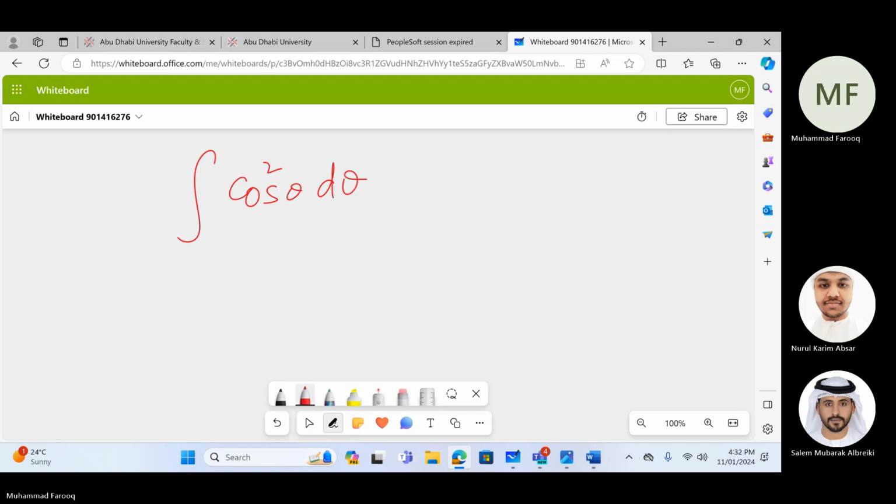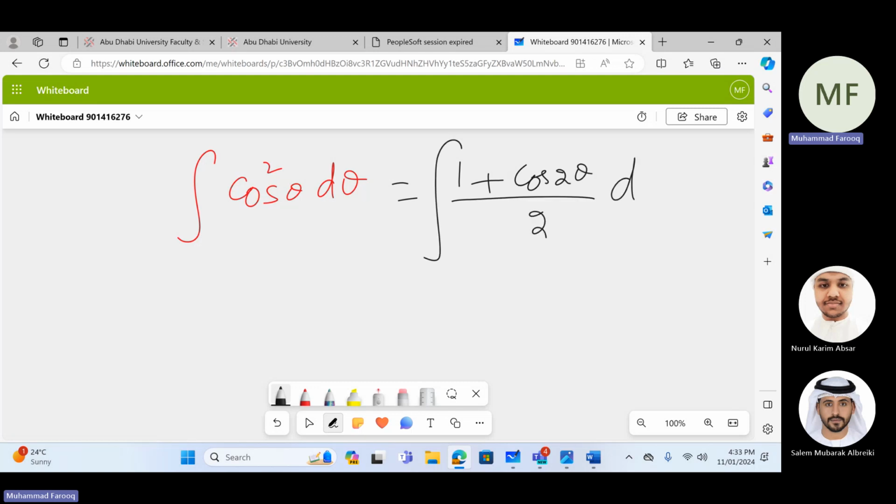You need an identity. Direct integration of sine squared or cosine squared is not possible. The identity gives 1 plus cosine 2 theta over 2 for cosine squared, and for sine squared you switch the sign.